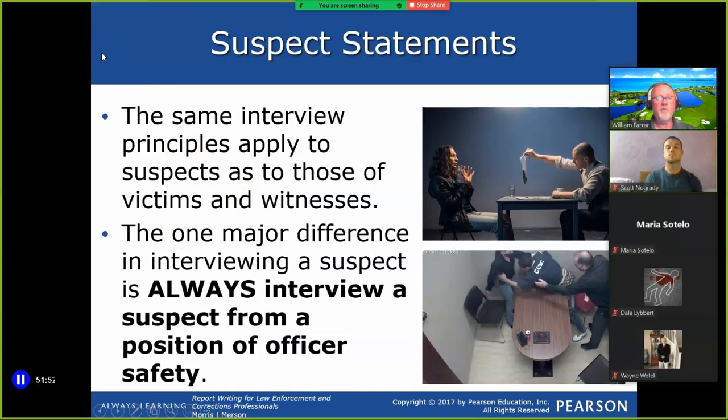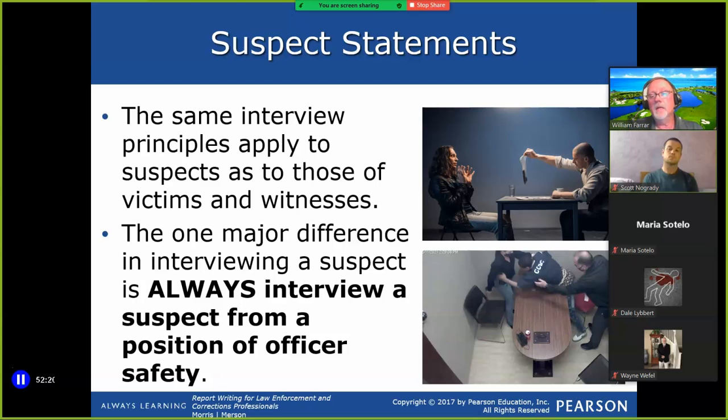Okay, so as we kind of finish up, still on the theme of suspect statements, remember the same interview principles apply to suspects as those that are victims, witnesses, reporting parties, etc. The one major difference really is in interviewing or interrogating a suspect: always interview an individual from a position of safety.